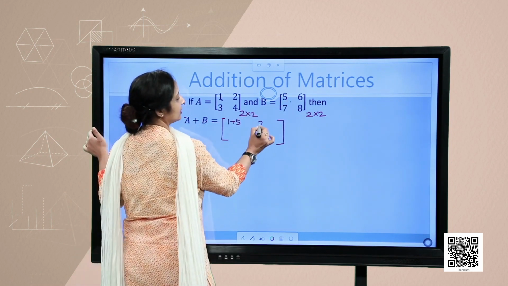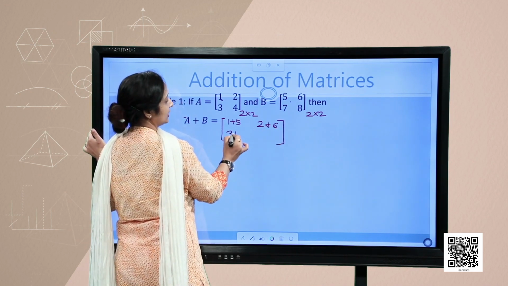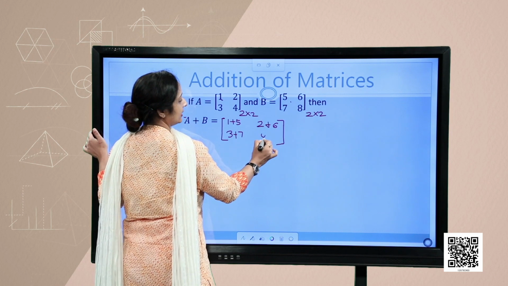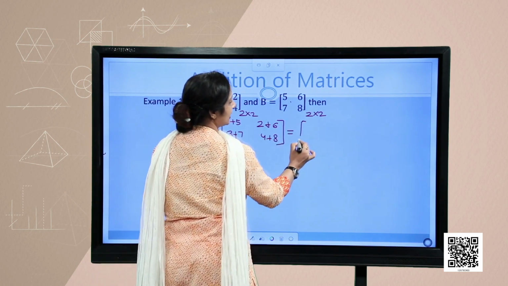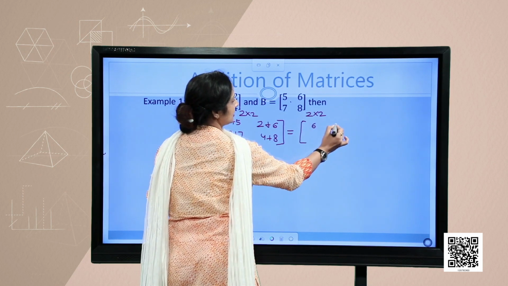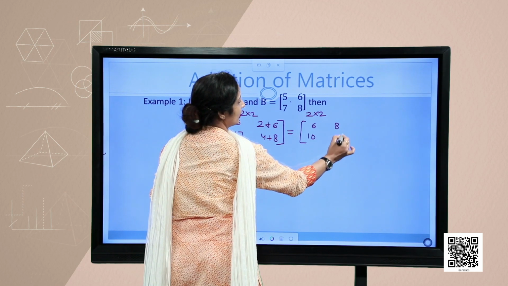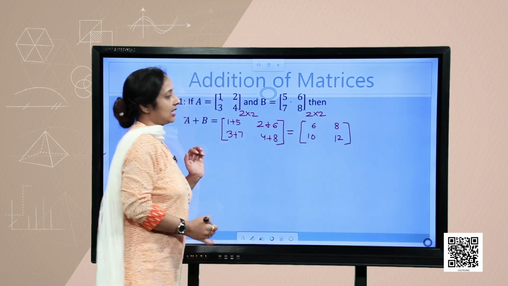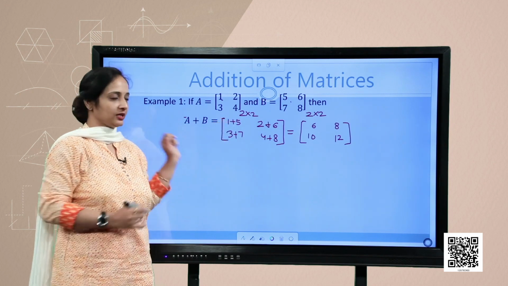Then you can add 2 and 6. Then you can add 3, 7 and at the end 4 plus 8. Then you can give your answer like this: 6, 8, 10, 12. That becomes the answer which is obtained by adding both the matrices A and B.